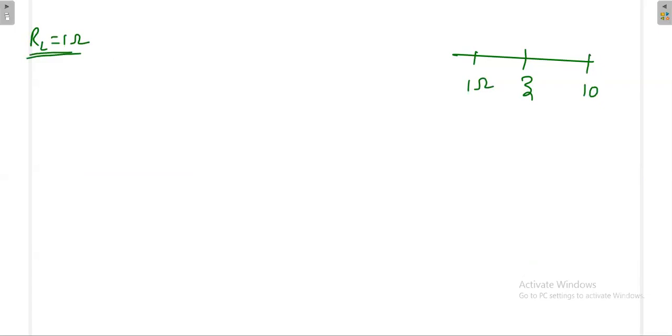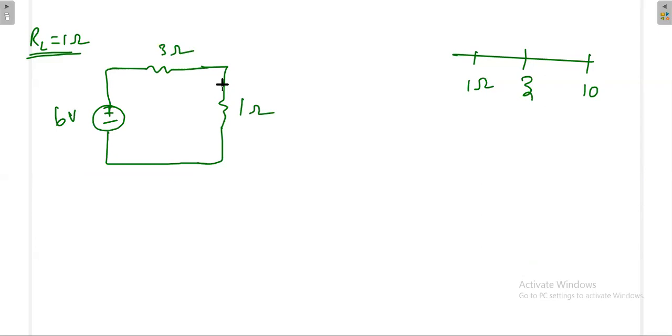Now we'll see. This is 3 ohm, this is 1 ohm, and 6 volt is there. Now what is the power? Again, you find out the current, then you know the power.